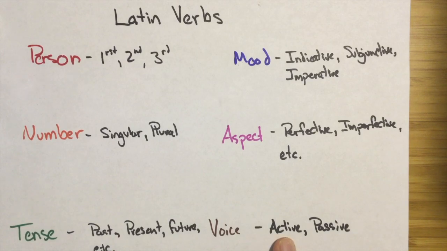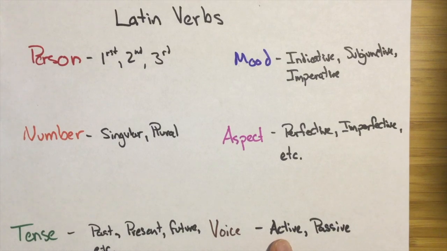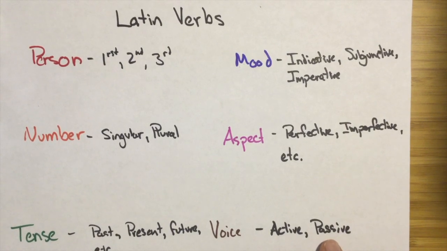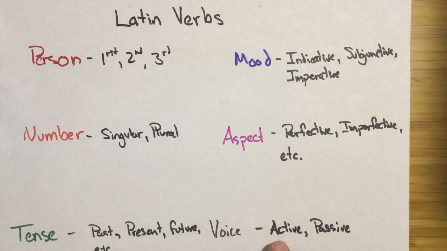The passive form would be describing the object of the active form as the subject. So instead of Latin being the direct object, we'll make it the subject. So Latin, and we'll say the exact same thing, is loved by me, you could say. That's passive. So when the object of a normal verb becomes a subject, that's a passive verb.